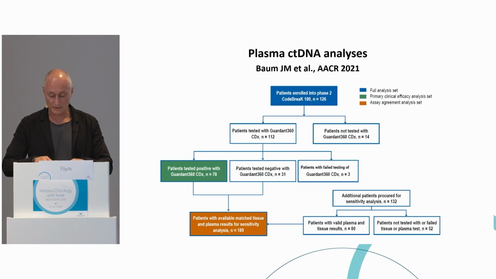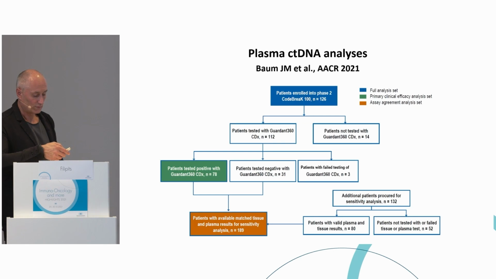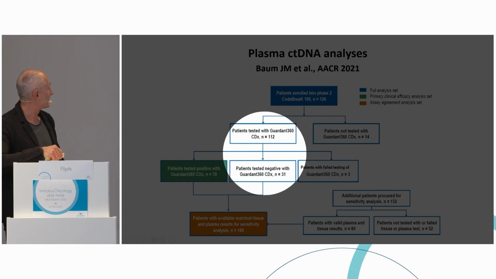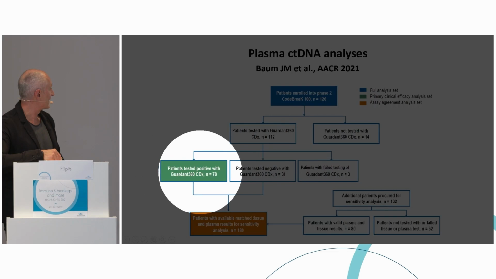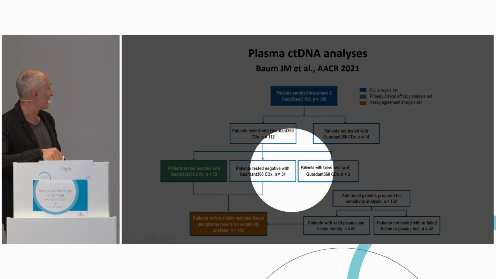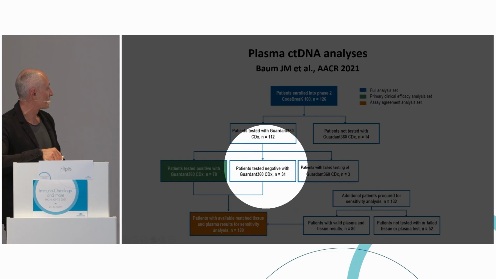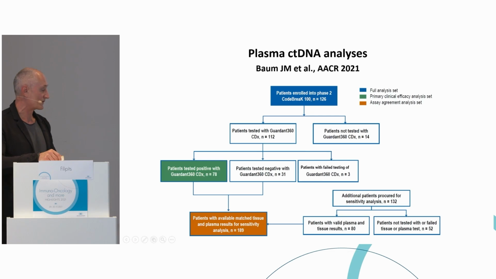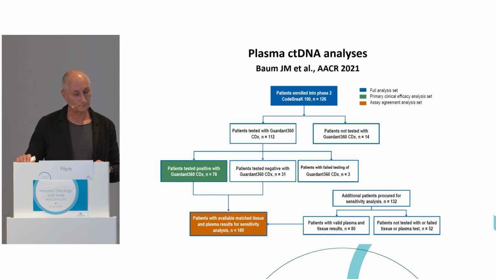They tested all the patients with Guardant 360, which is an NGS method. And this was possible in 112 patients with positive results in 78 patients. Negative results were achieved in 31 patients, and in 3 patients the testing failed.